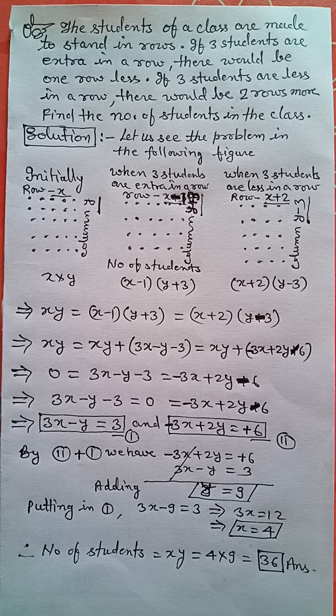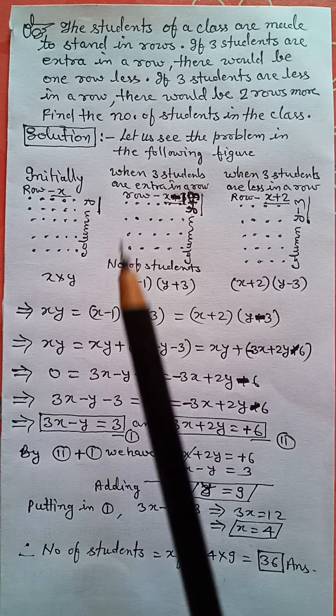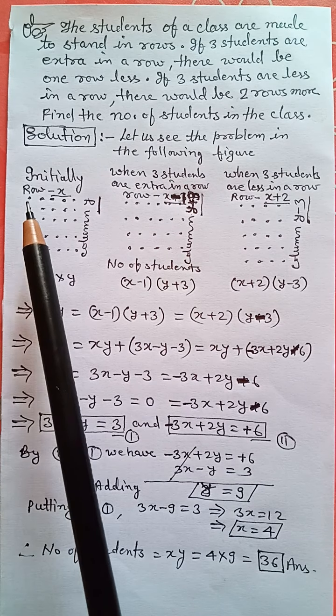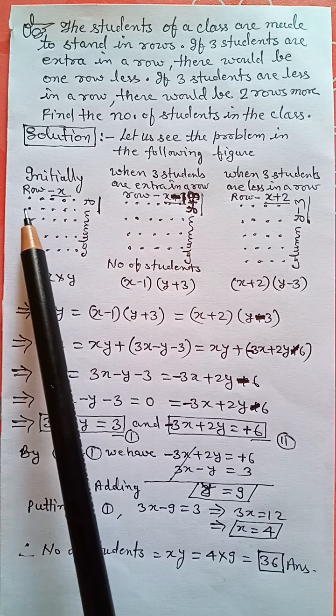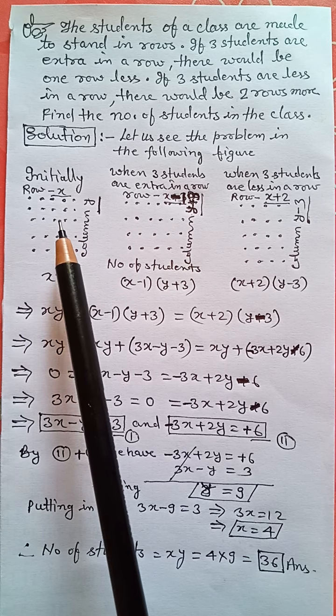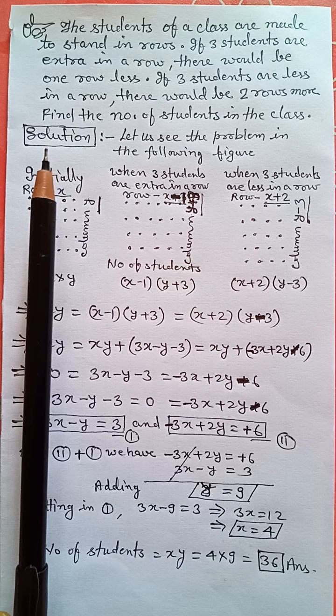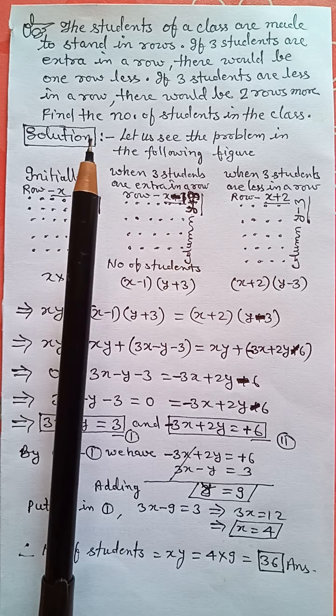Now, let us see the problem in the following figure. Here, first row, second row, third row. Similarly here, it is first column, second column, third column, fourth column, and so on.